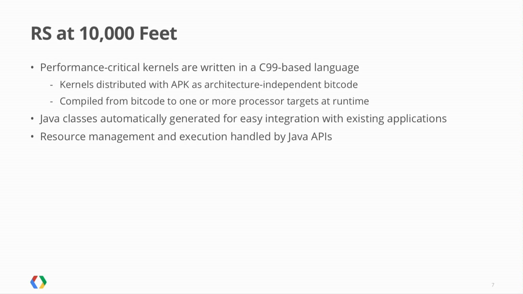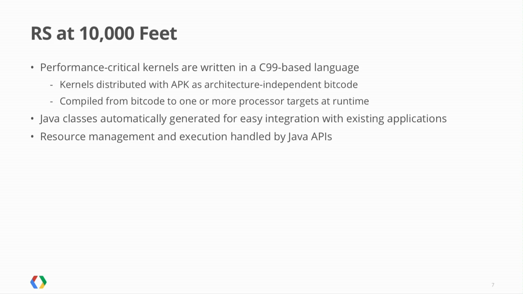For example, we may compile them to ARM v7a with Neon, and on the Nexus 10, we have GPU support in the Mali T604, so we may compile to both CPU and GPU at runtime.